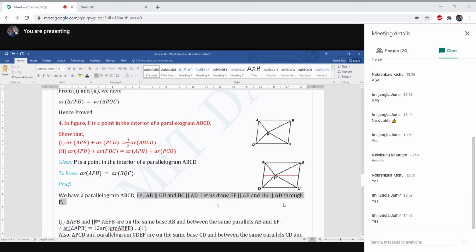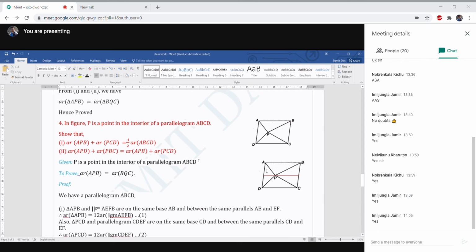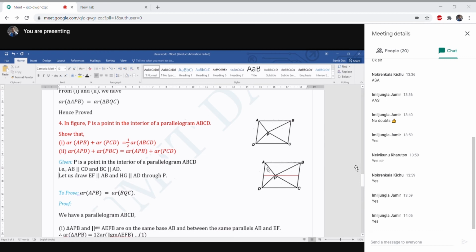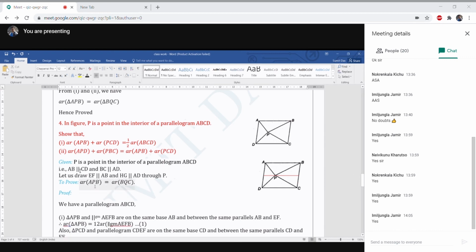Therefore, you can write AB parallel to CD. ABCD is a parallelogram, so it will be there. And let us draw this one. Let us draw EF.